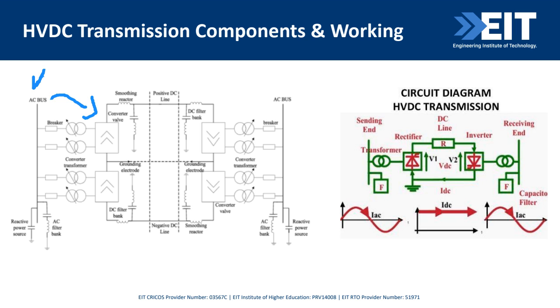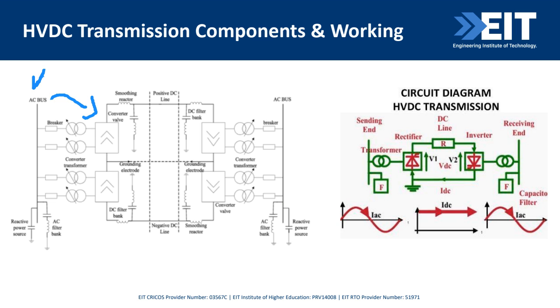We can use transformers to step up and then convert at these converter stations to high voltage DC. And we use some filters and capacitors, also called the DC link, to stabilize the voltage and then send it over long distances.